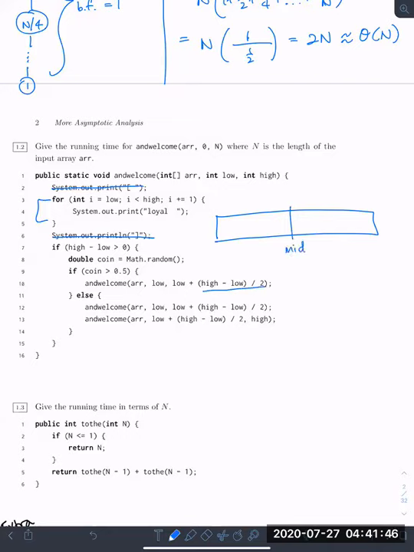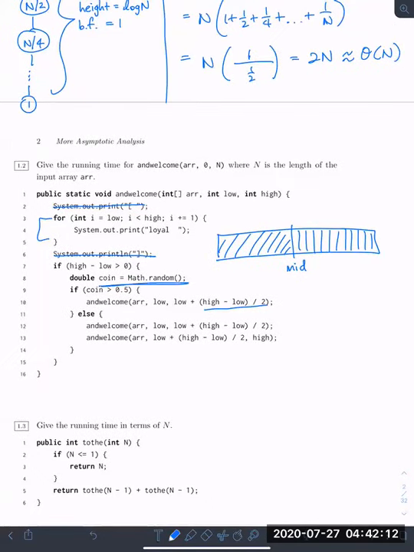And so this first recursive call is basically passing in this part of the array, and so is this one. But then the second one is basically passing in this part of the array, right? So kind of like binary search, I would say, but it's a little bit more complicated than that because it depends on this random coin value.